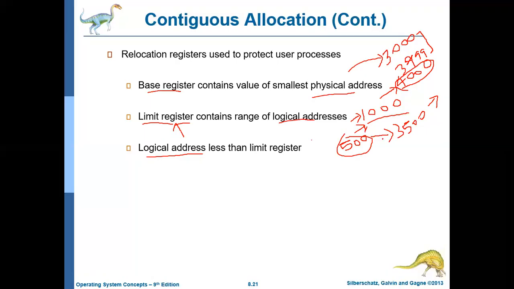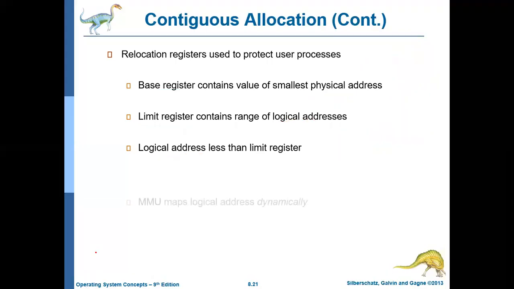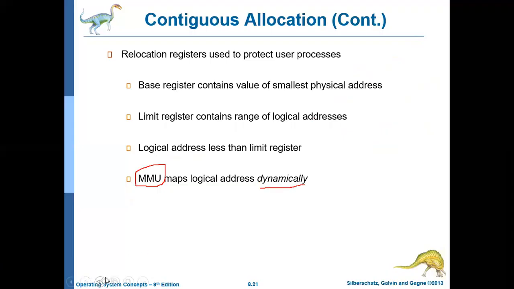Only then will it be allowed to access. But before accessing, the logical address is converted to a physical address by adding the content of the base register. This conversion is done by a unit called the MMU, memory management unit, and it is done dynamically during runtime.